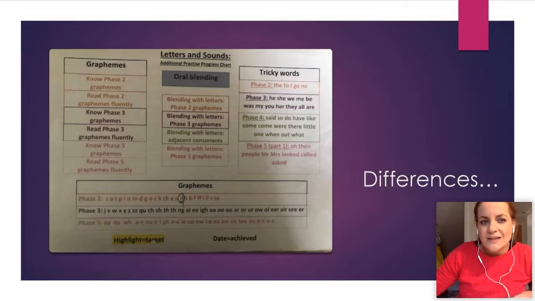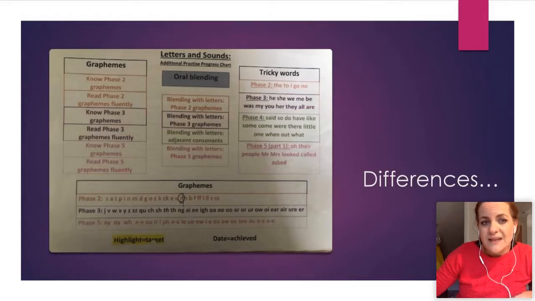Once they know it, they have to recognise it and know it fluently, so they're recognising that grapheme at speed. Once they know them, the expectation would be that, if we go to the middle aisle here, they're blending with those graphemes, again grouped into their phases. And then along the bottom here, we have the order in which those sounds are taught.